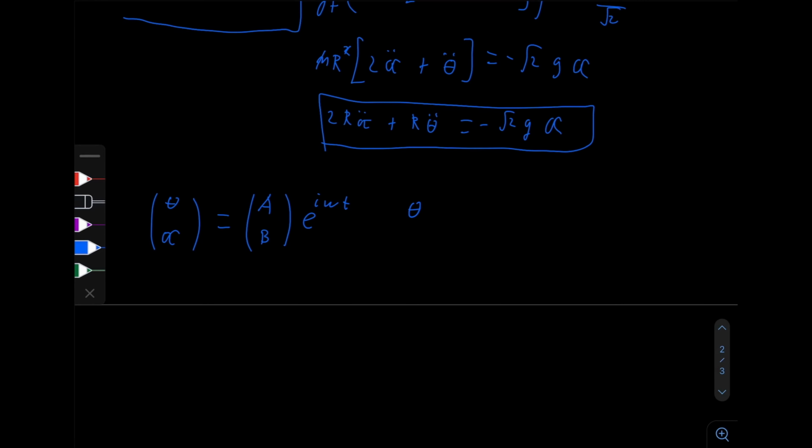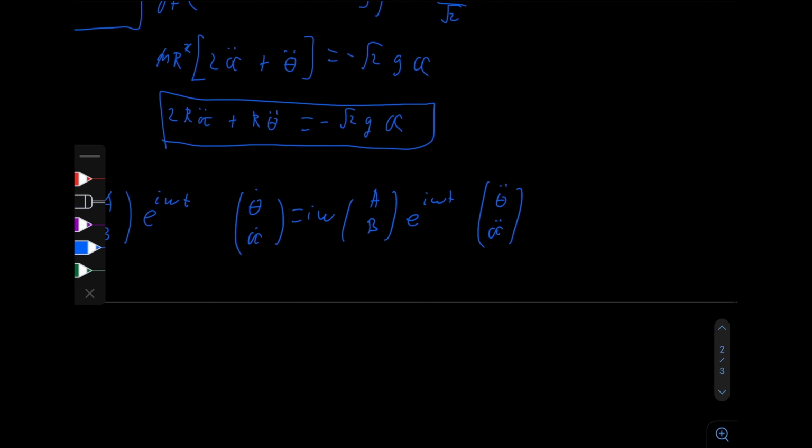That means that theta dot, alpha dot is equal to i omega AB e to the i omega t, and theta double dot, alpha double dot is equal to i squared, which is negative omega squared AB.